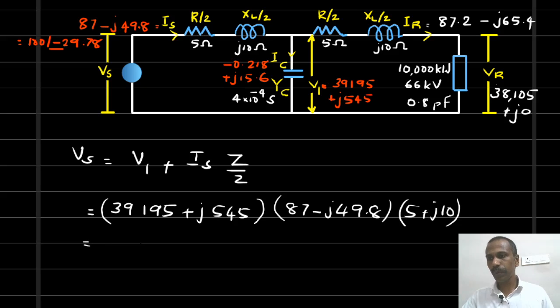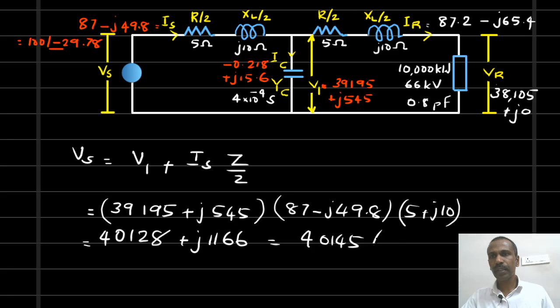So this is equal to 40128 plus J1166. In the R theta form, this is 40145 angle 1.66 degrees.